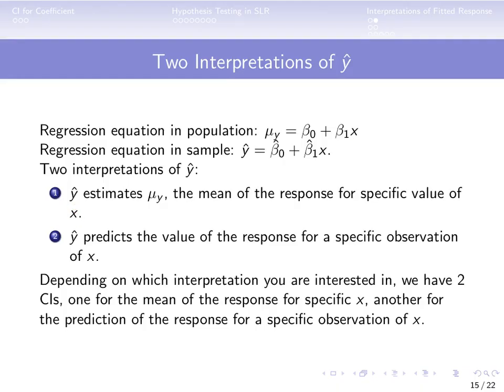So I submit a value of x, what's y hat? Or you could view y hat as a prediction for the value of the response for a specific observation of x. So the first interpretation is the average of the response. The second one is the value of the response for an individual. Depending on which interpretation you're interested in, you would want one of these intervals.